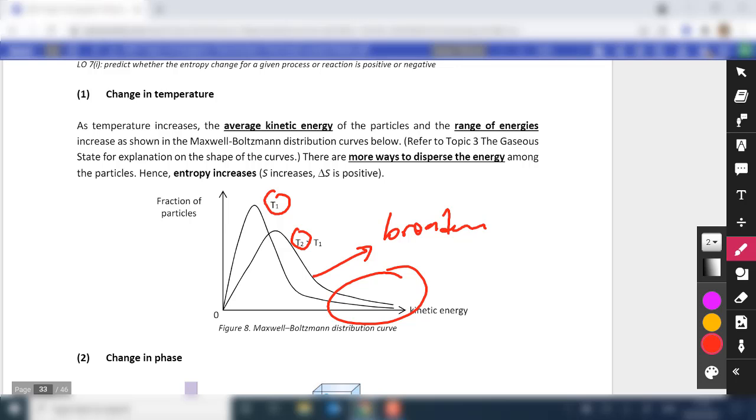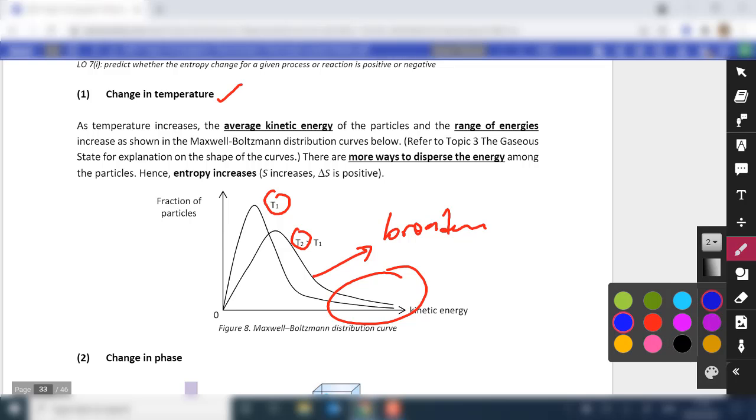So that means the system has more ways to disperse this energy amongst the particles. So increasing temperature for the same number of particles actually increases the entropy. Okay, so it gives a positive entropy change. Change in temperature is something that you need to be aware of. It's part of your syllabus.